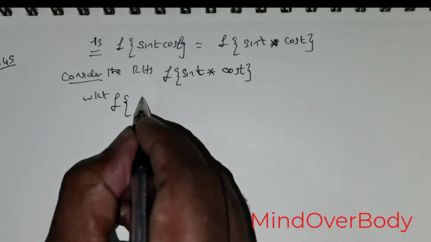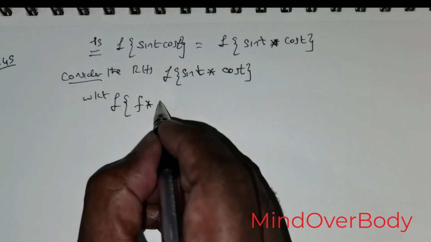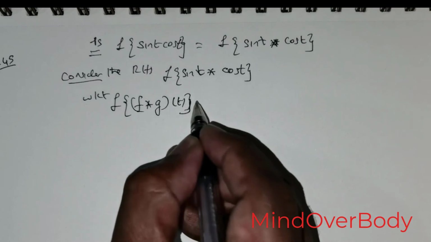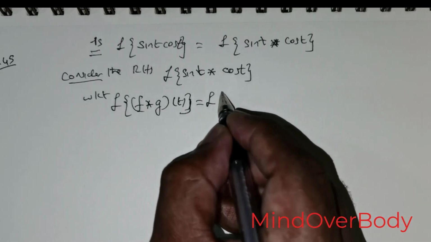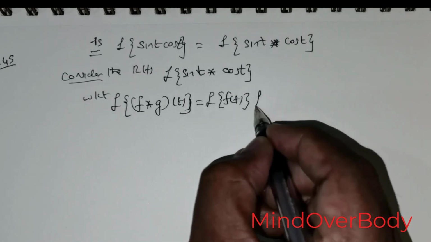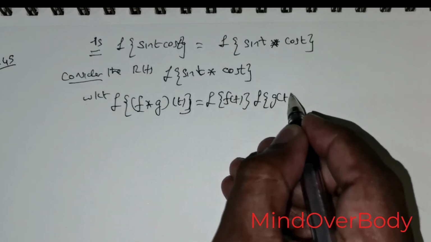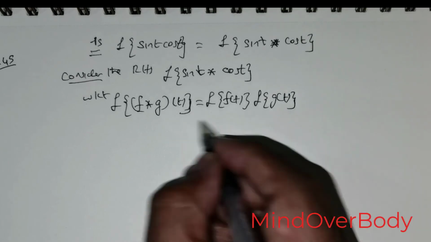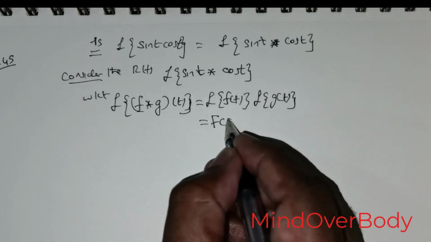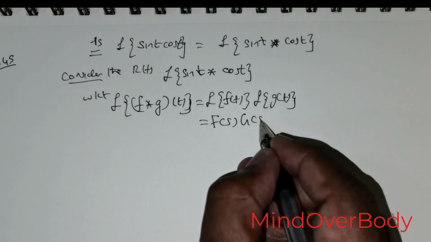Now we know that Laplace transform of convolution of f with g of t is equal to the Laplace transform of f of t times the Laplace transform of g of t. It is also rewritten, in fact you can also write this as capital F of s times G of s.